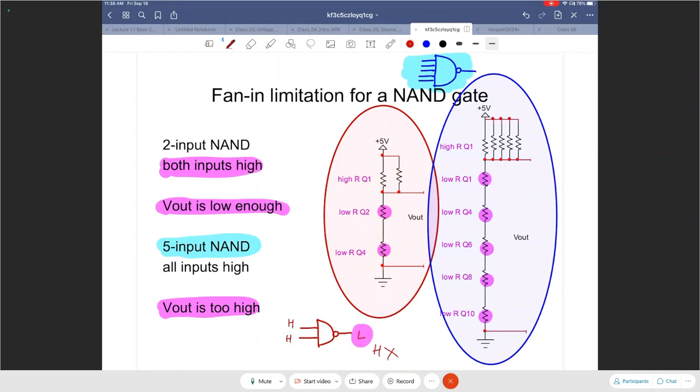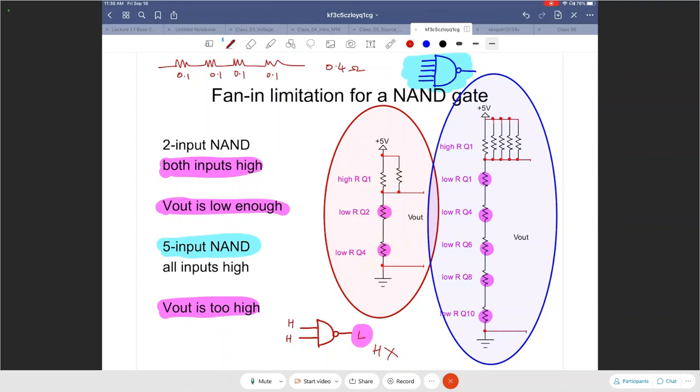Resistance adds up. Even though each is a low resistance, when it adds up, it can put V out over the limit. So are the resistors burning out? No, they don't burn out. If you have multiple resistors, they are all in series: 0.1, 0.1, 0.1, 0.1. Because they are in series, they add up to 0.4 ohms. Voltage drop would be high.